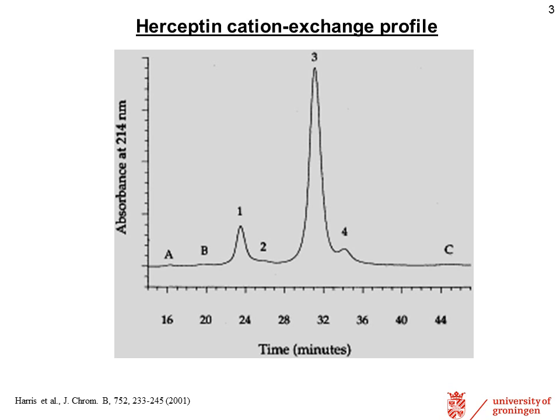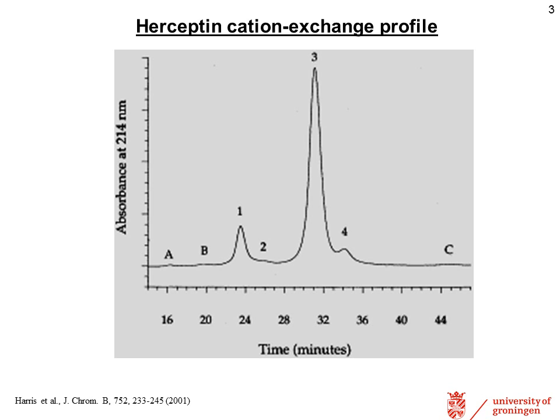If one looks at Herceptin in this way, one discovers multiple forms: a major form 3, somewhat intermediate forms 1 and 4, and some minor forms A, B, 2 and C. All these forms must differ in their charge state, otherwise they would not be separated by a strong cation exchanger.